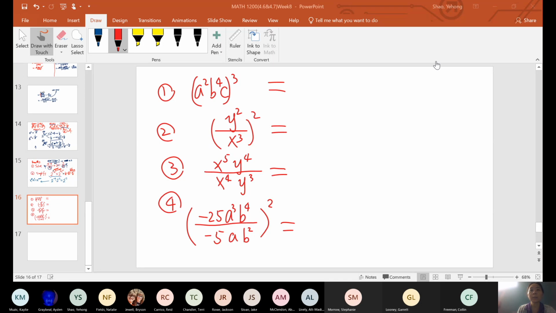And Jackson, Natalie, you also got these. Oh, Natalie, I think you made a mistake in the last one, number 4. Double check on the exponents. The others are all correct. And Jackson, you got all of them right. Okay.